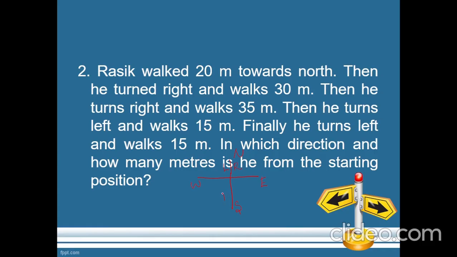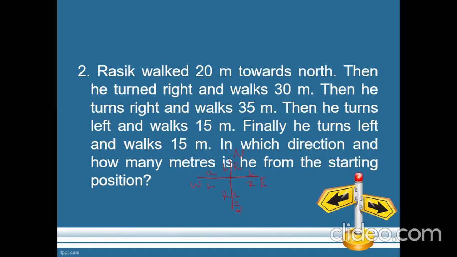Similarly, south is opposite. So we have to mention the directions north, south, east, and also right and left. That is very, very important. Only then can we solve the problem. This is constant. Don't shift any direction position. For example, instead of north, don't put south. Don't mix anything up. Just keep the directions as they are.